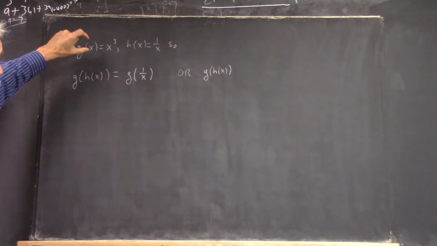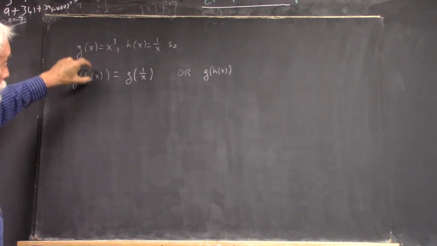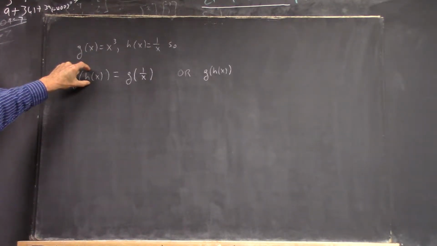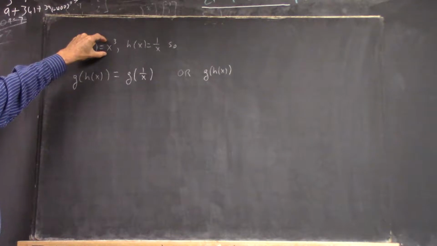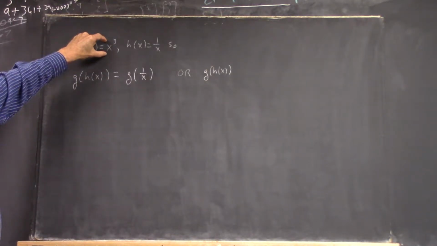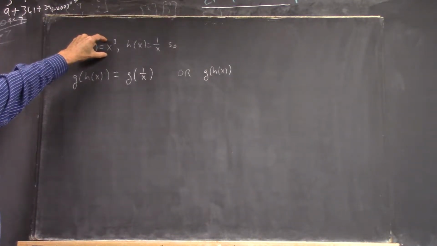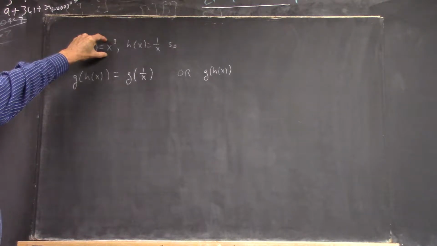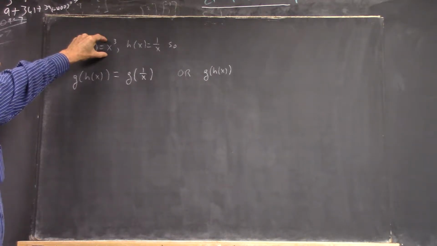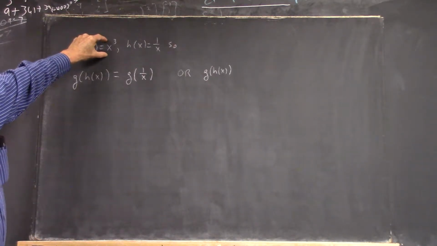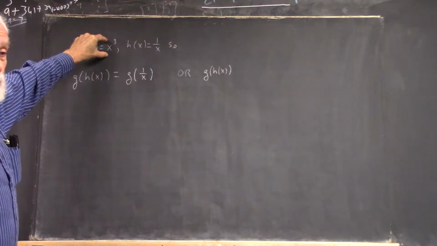If you replace this x with h of x, then you have to replace this x with h of x. What do you get? 1 over x cubed? Yeah, but let's do it one step at a time. That's where you end up, and that's really good.